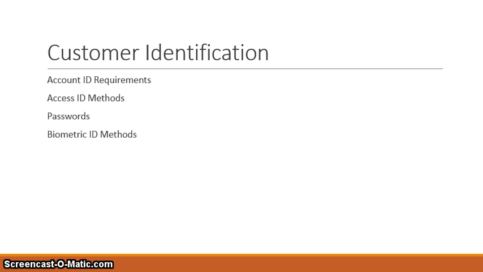So moving on here, one of the things that banks need to do, they're required to do this by law, is to identify their customers. Now the U.S. Patriot Act lays out some specifics when it comes to identifying customers, and this is the aforementioned Customer Identification Program for new accounts.